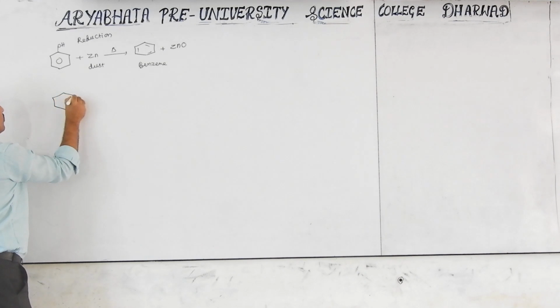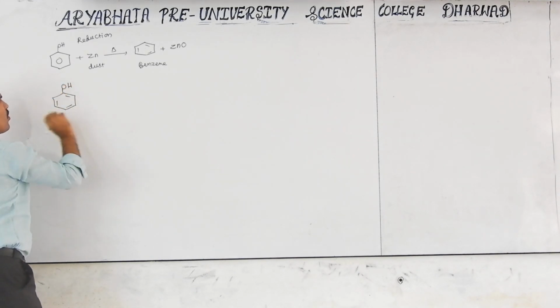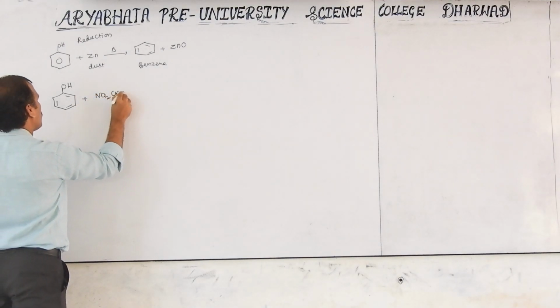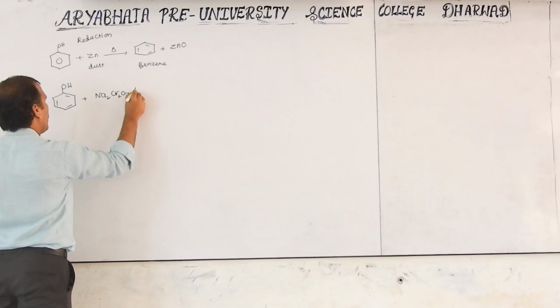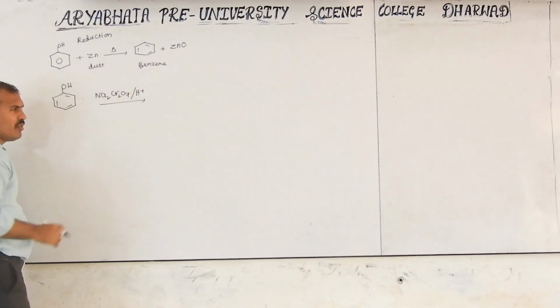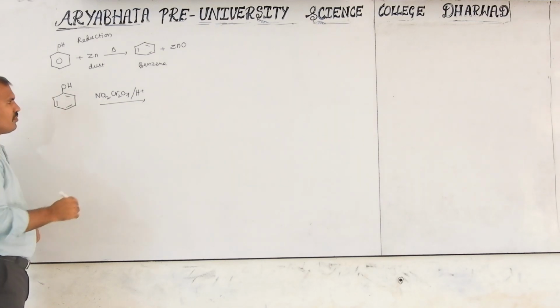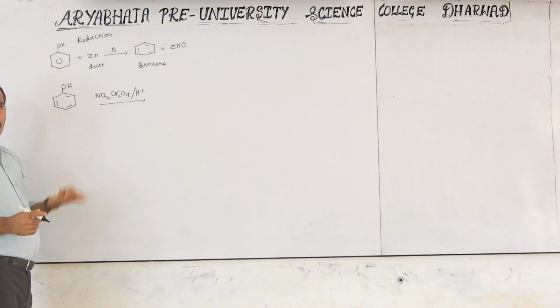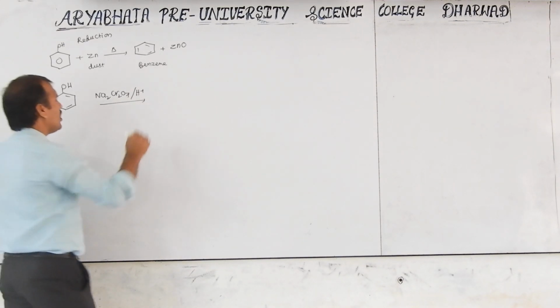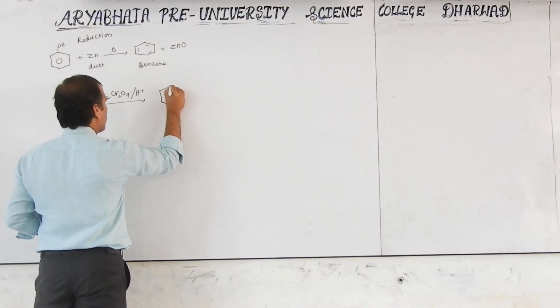Next, phenol reacts with Na2Cr2O7 in acidic medium. Other than that, K2Cr2O7 also you can write, no problem. K2Cr2O7 or Na2Cr2O7. Then you will get benzoquinone. These are the oxidation reactions.